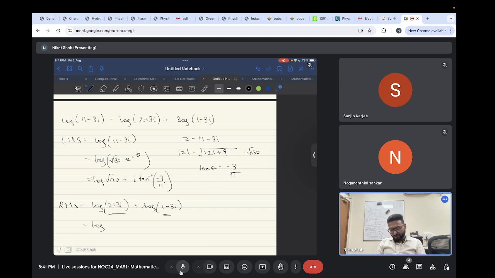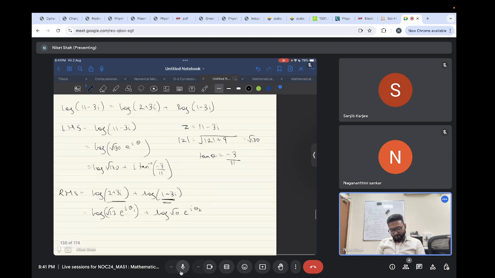2 plus 3i, so 4 plus 9, square root of 13, e raised to power i theta 1, where theta 1 I'll define, plus for this complex number, log square root 10 e raised to power i theta 2, where theta 1 is equal to tan inverse 3 by 2, theta 2 is equal to tan inverse minus 3 by 1.